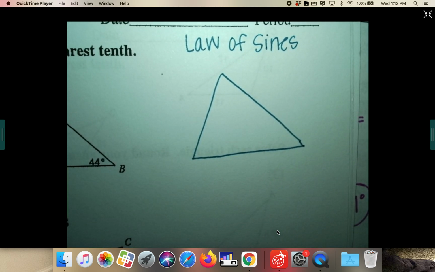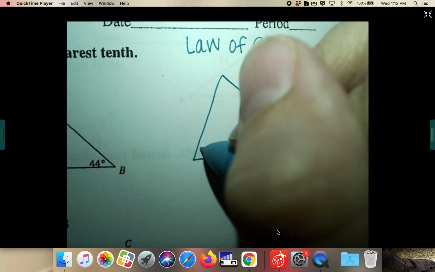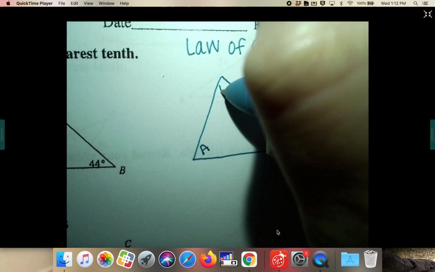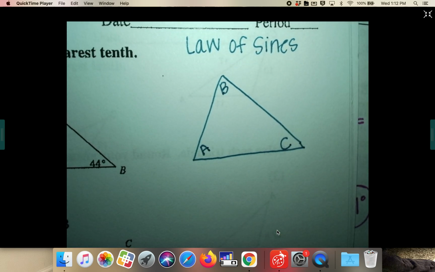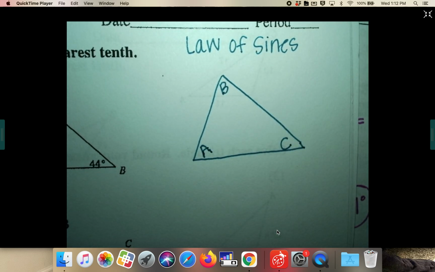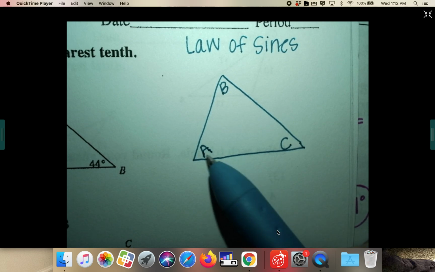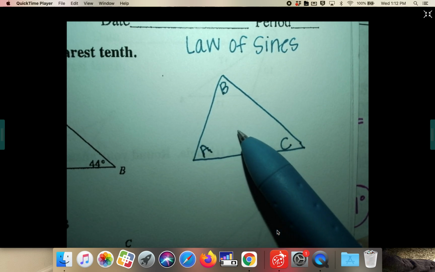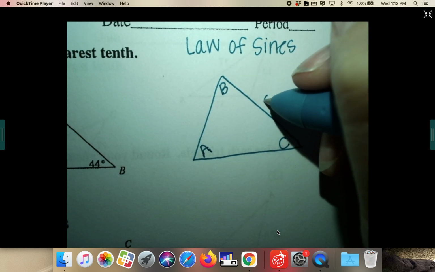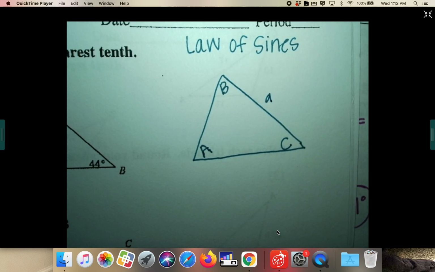So let's just say that this is triangle ABC, and the angle for A is down here, and the angle for B is up here, and the angle for C is up here, and I want you to use capital letters for the angles. And then the side across from angle A is going to be this side length, which I want you to call lowercase a.